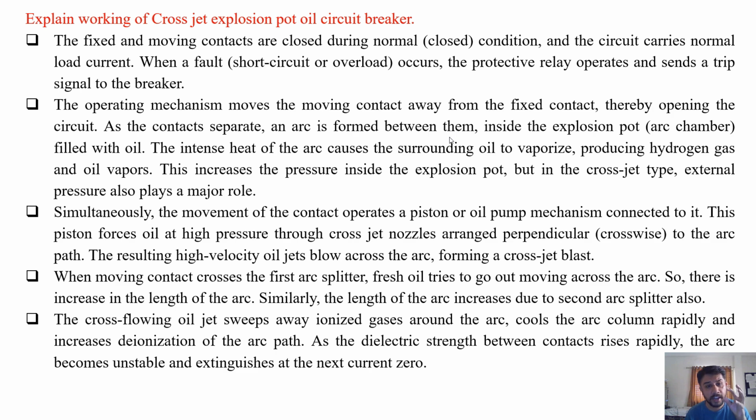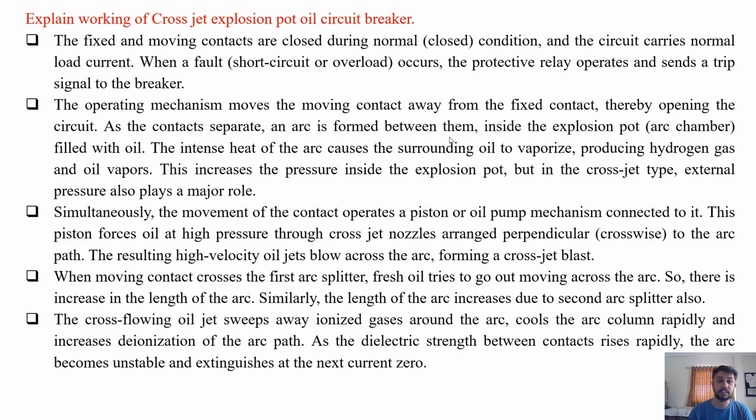Now as the contacts separate, an arc is formed between them, and inside the explosion pot, that is in the arc chamber which is filled with oil, the intense heat produced by the arc causes the surrounding oil to vaporize, producing hydrogen gas and oil vapors. This increases the pressure inside the explosion pot, but in the cross-jet type, external pressure also plays a major role.